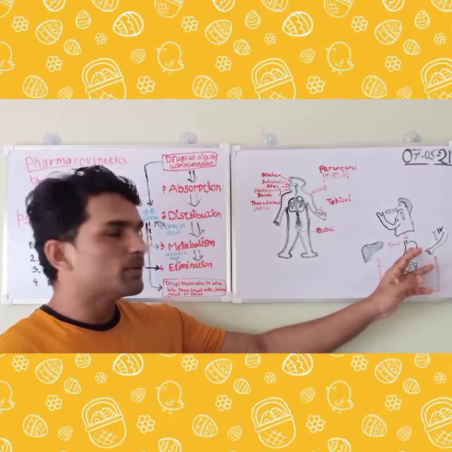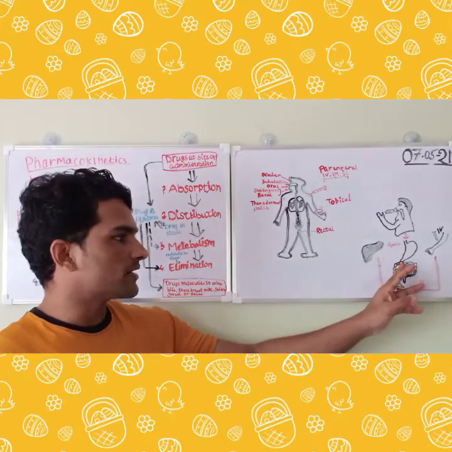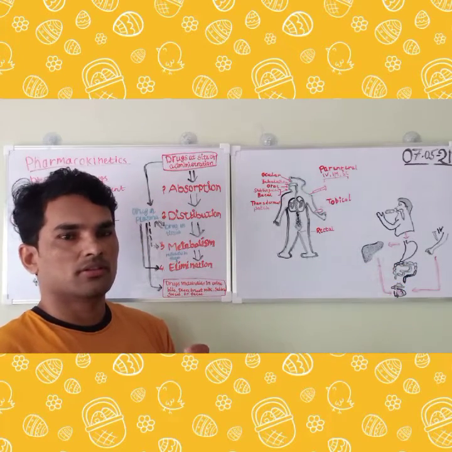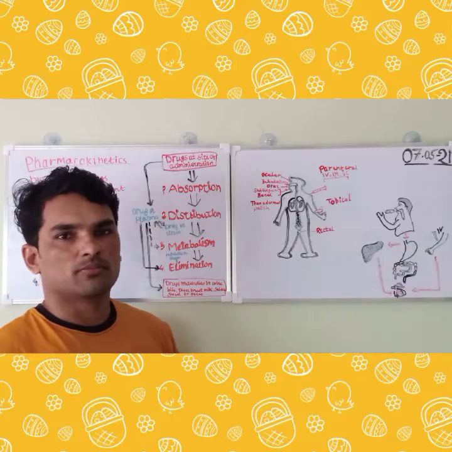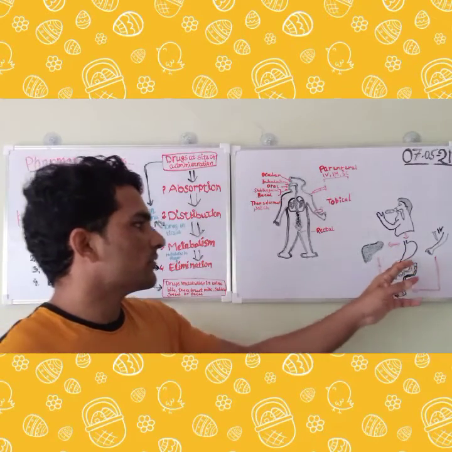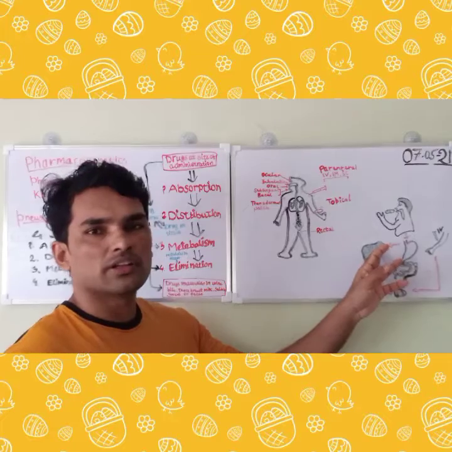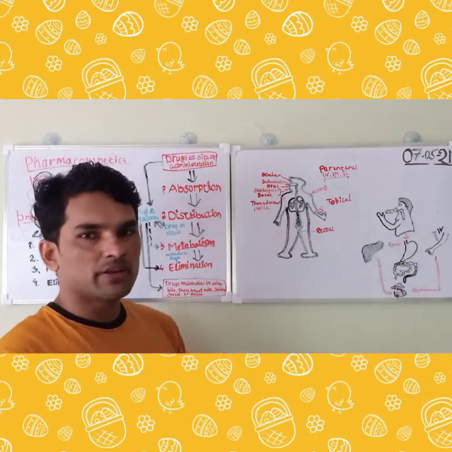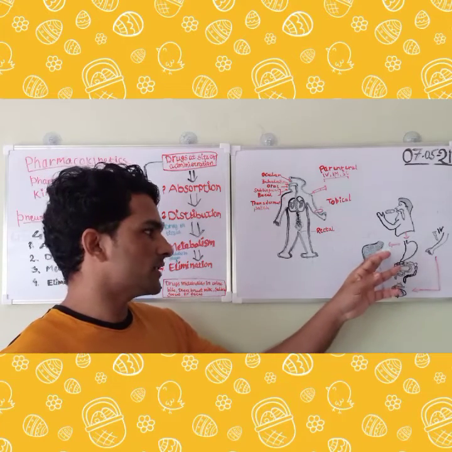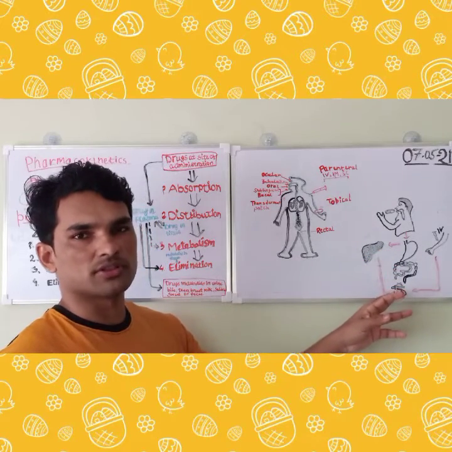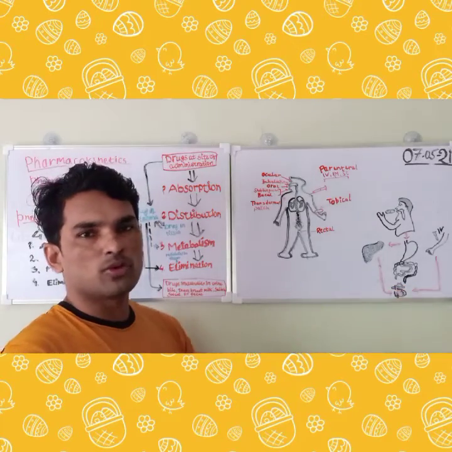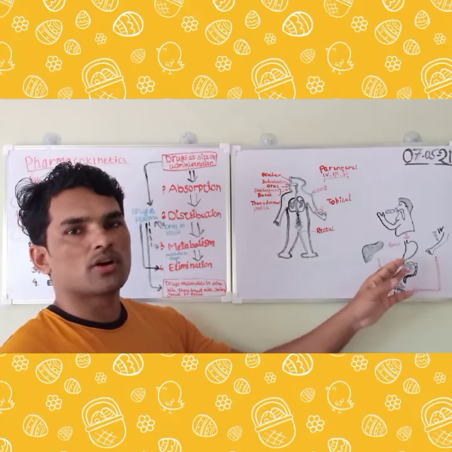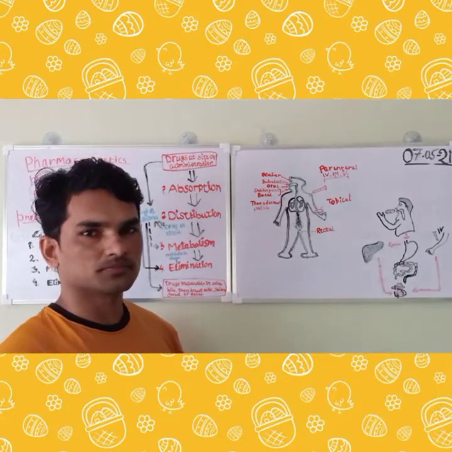So the epithelial lining of the stomach and the small intestine will absorb it into the bloodstream. That blood goes into the liver through the portal circulation, right? And in the liver, the metabolism process will start. After this, it goes to the systemic circulation. Then the blood will distribute it through the whole body, and it works at the site of action, right?